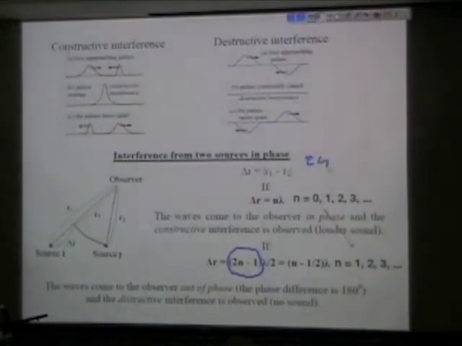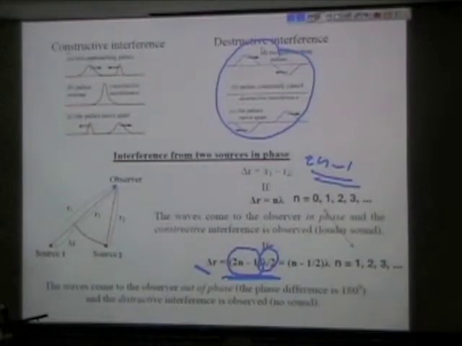This combination 2n minus 1 always gives you some odd number. And if you multiply this odd number by a half of a wavelength, and if you can fit this into the path length difference, that means at the location of the observation, you must observe no intensity at all. Completely destructive interference would happen.